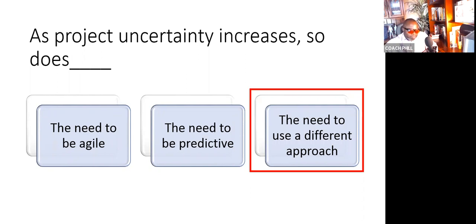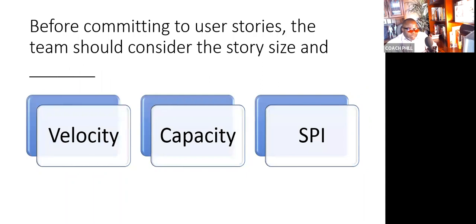You could argue it, but I just wanted to call your attention to the fact that not everything has to be agile. It could be hybrid. So you may need to use a different approach from whatever you are using. Definitely, it's not the need to be predictive, right? So the best option is C. A would be the next best. All right, here's your next question. Before committing to user stories, the team should consider the story size and what?